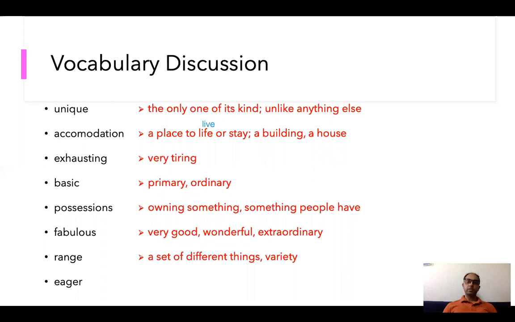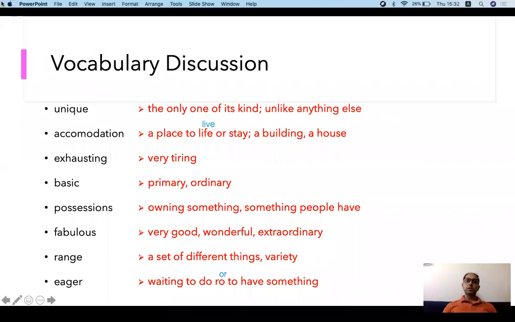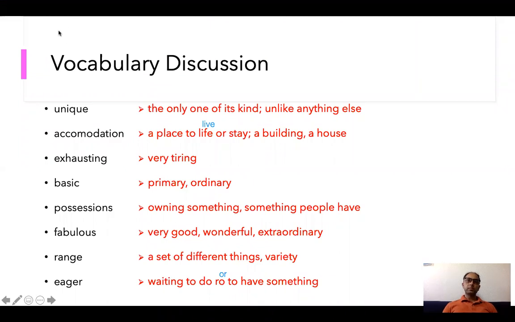A range of fruits. Eager means you're interested, waiting to do or to have something. For example, I am eager to have a new phone. In other words, I'm waiting to buy a new phone. Okay, please note that. Let's go to the next one.